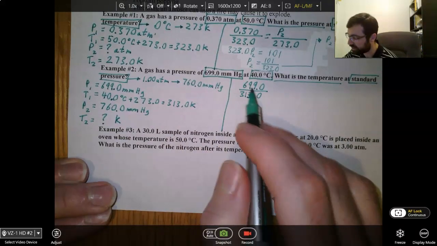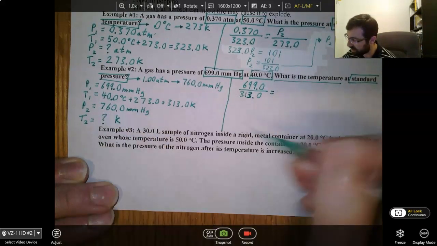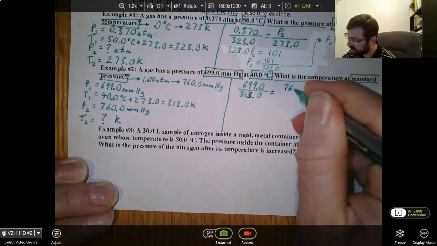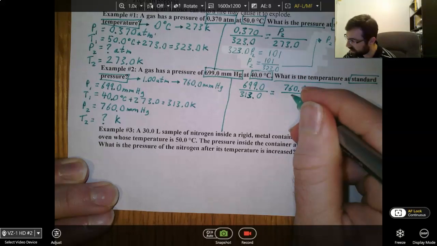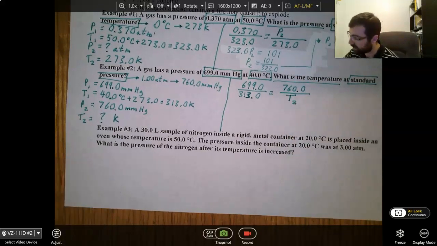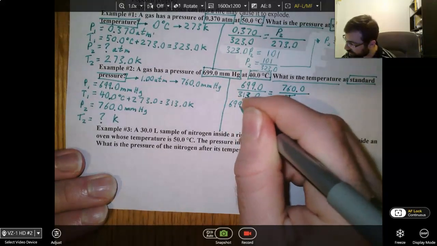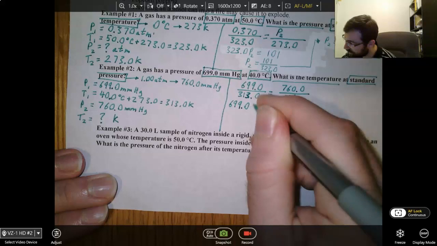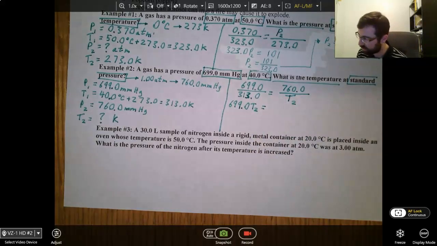Okay, so back to this. 699.0 over 313.0 equals P2 over T2. So that's going to be 760.0 over our unknown, which is T2. Cross multiply to solve for it. 699.0 T2 equals 313.0 times 760.0.